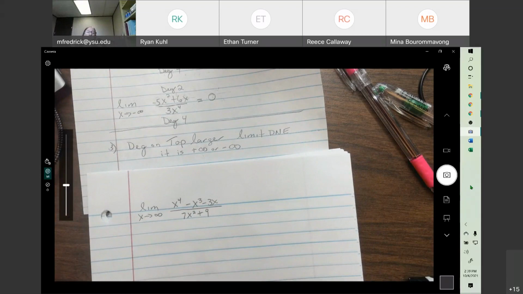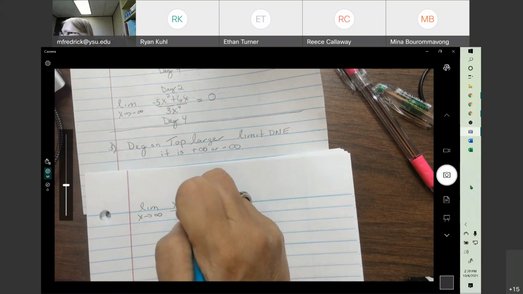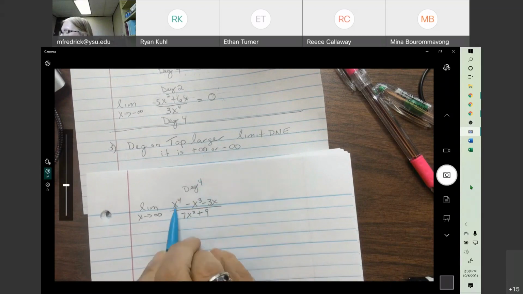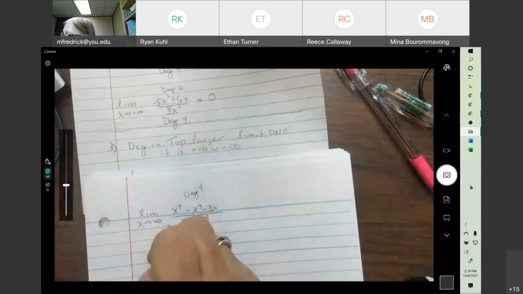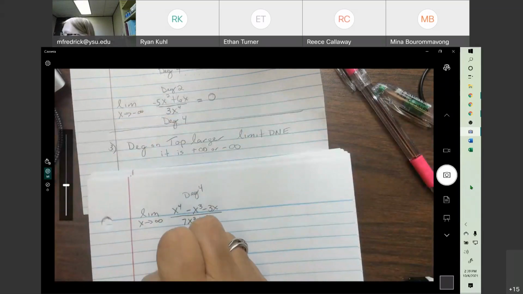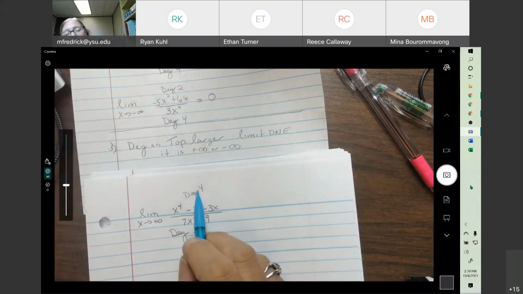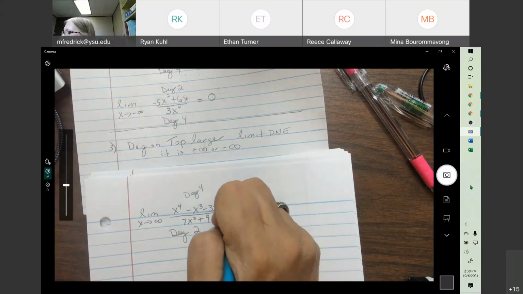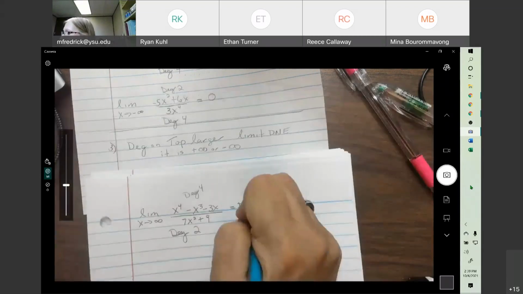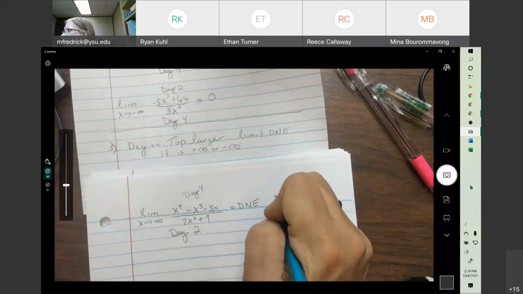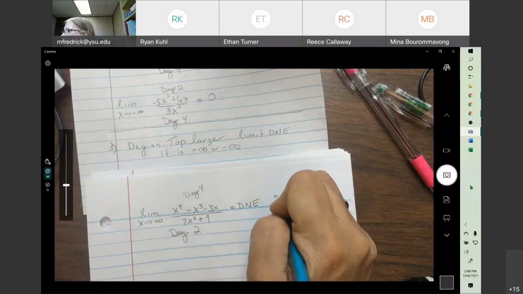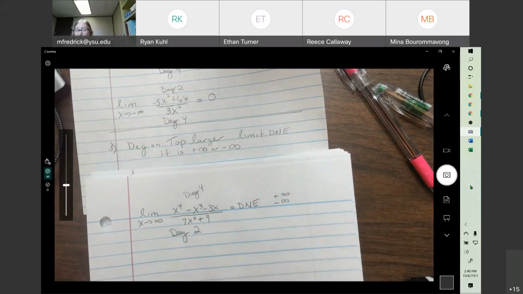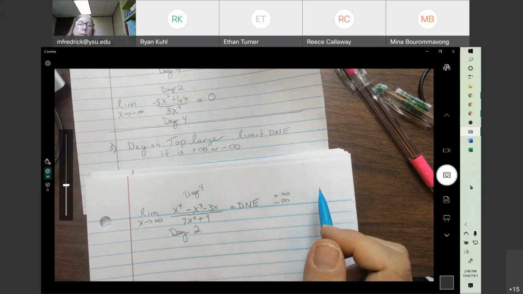And we'll notice that the degree on the top is larger because the degree on the top is 4, the largest exponent, and the degree on the bottom is 2. The top is larger, so the limit does not exist. Now we have to decide if it's positive or negative infinity. It's only one of them. Any questions on that part?